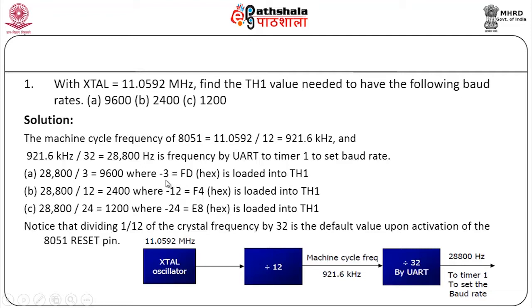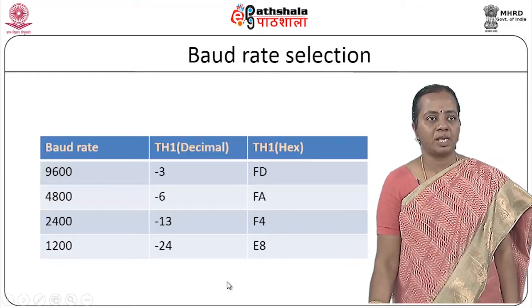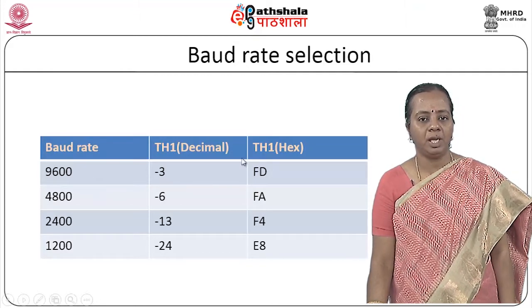That means if it is -3, then after 3 clock cycles it counts, it gets an overflow. When the overflow comes, it in turn allows the data to send 1 bit. So that is the way the baud rate is set with the help of the timer, so that the speed is also maintained.